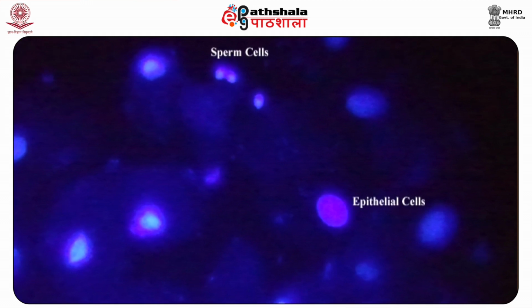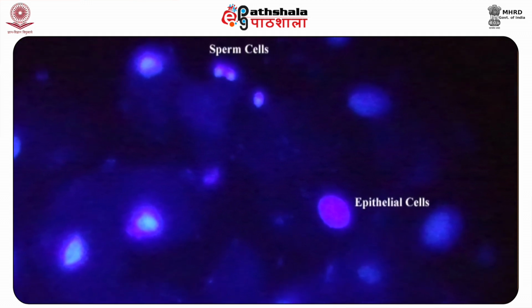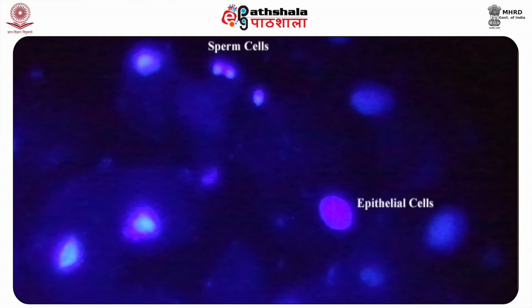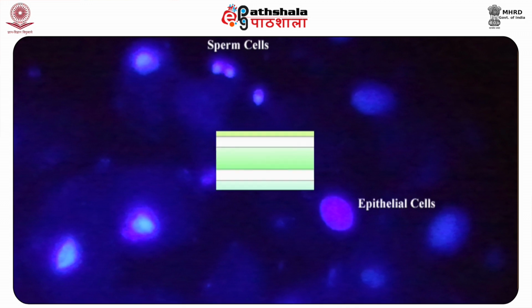Semen identification is useful as evidence in sexual assault cases. It can prove that the sexual assault crime was committed. It can also help identify the criminal.